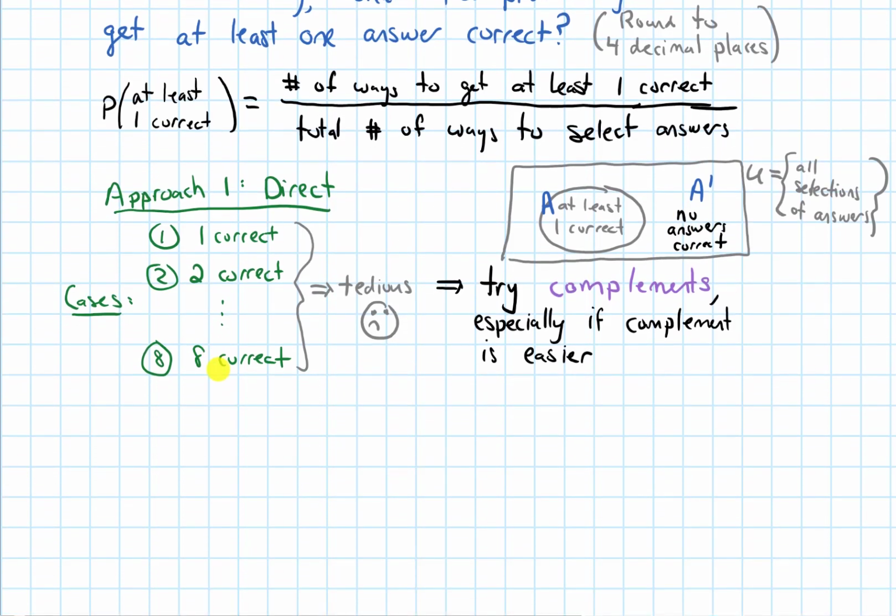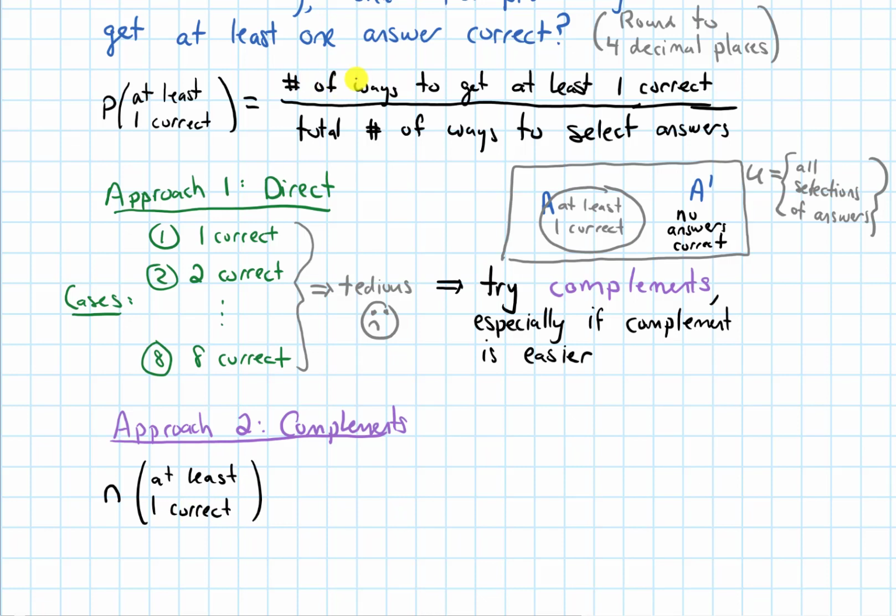Okay, so let's try it using complements now. All right, so this is going to be approach 2, using complements. So we are trying to count the number of ways to get at least one answer choice correct. I'm going to need that for the numerator of my probability fraction.